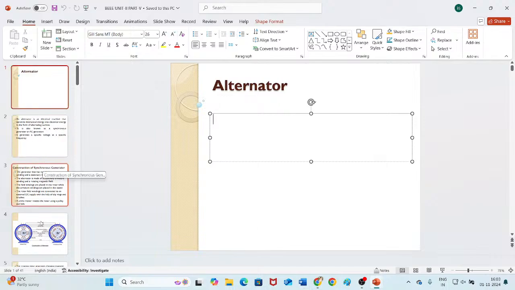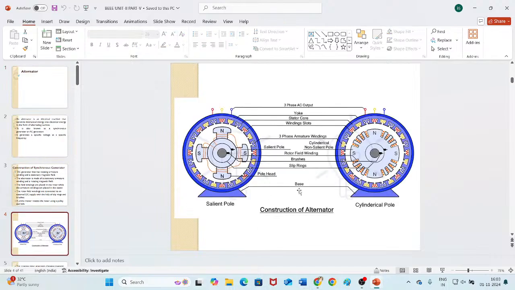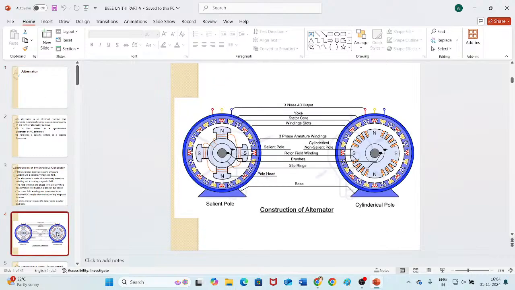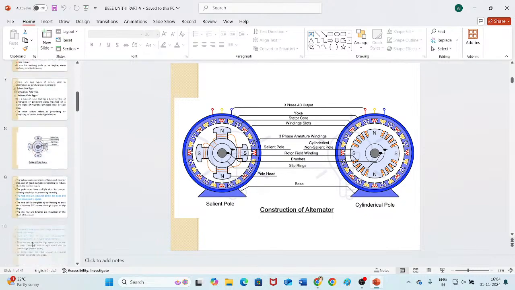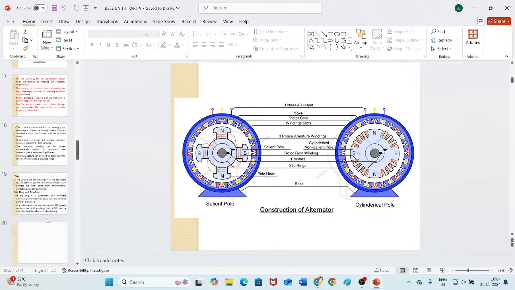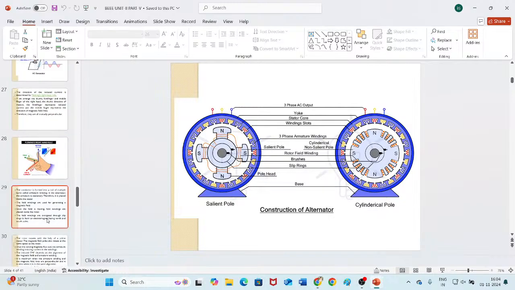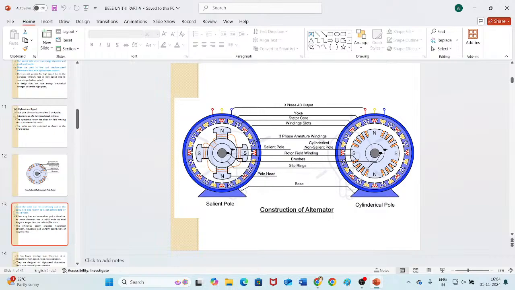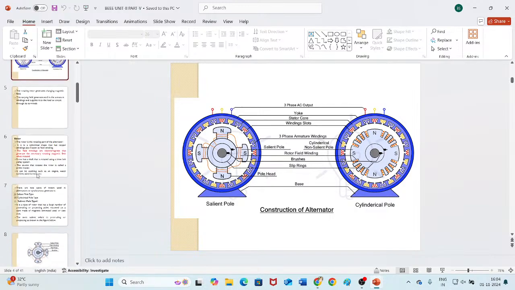So, alternator. The alternator is an electrical machine. This is the construction of the alternator. An alternator is an electrical machine that converts mechanical energy into electrical energy.